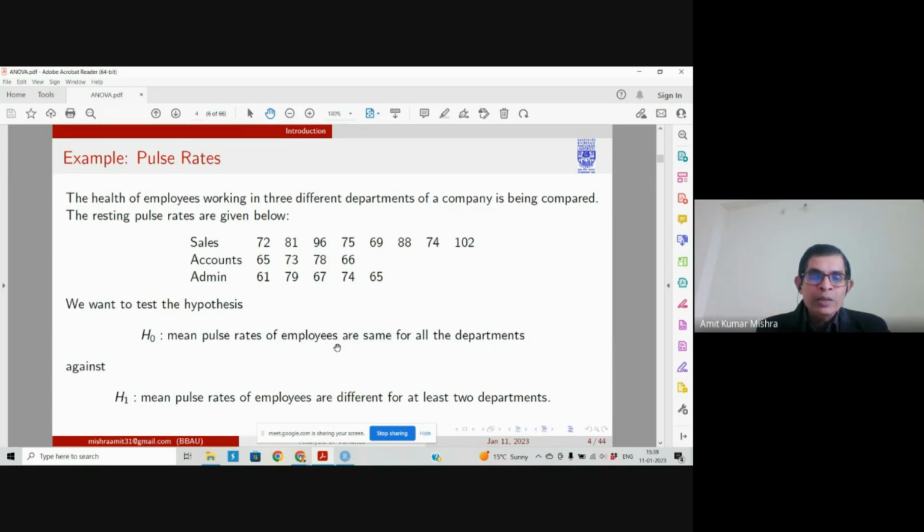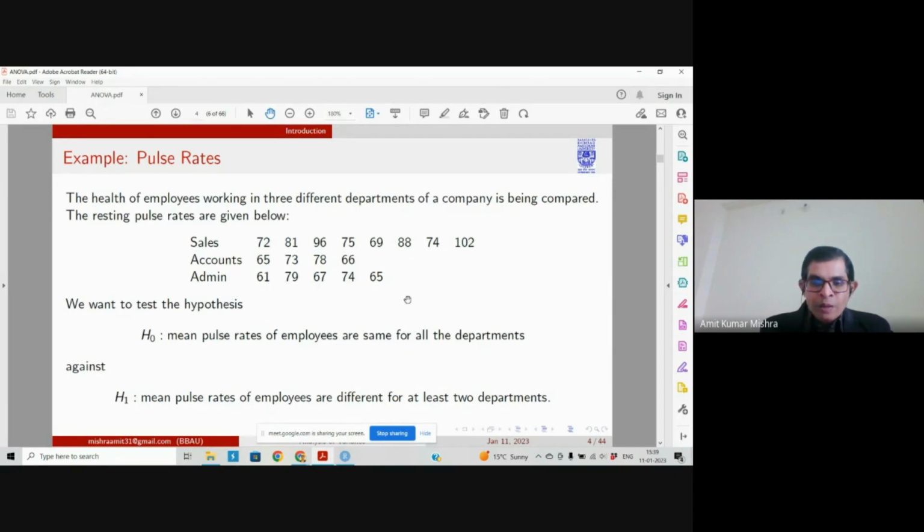You may know that if you are working in sales, there may be more pressure in comparison to admin or accounts. If there is pressure, there may be some increase in the pulse rate. If that is the case, we want to test it. Basically, we want to test whether the average pulse rates of sales, accounts, and admin are all the same or at least two of them are different.